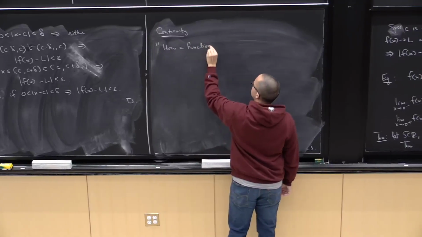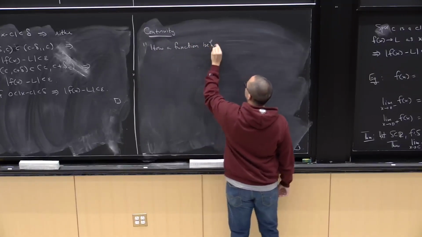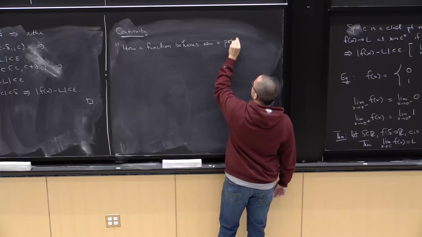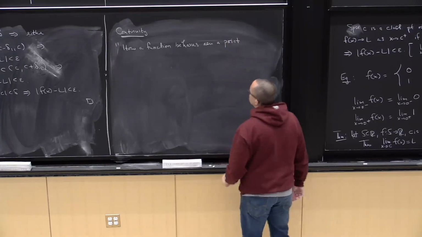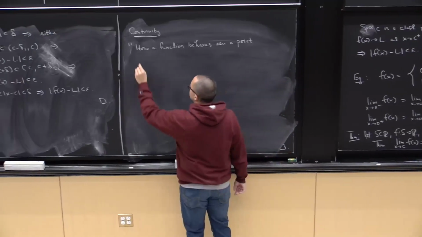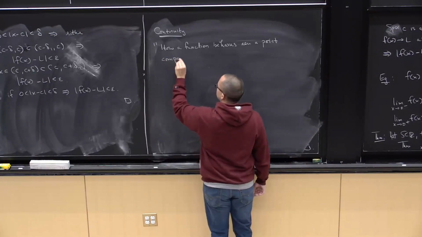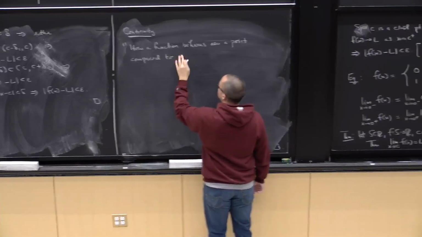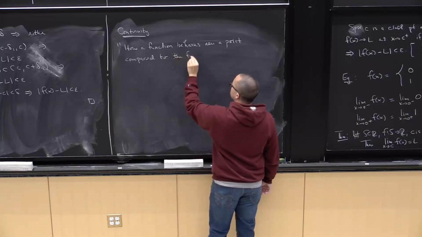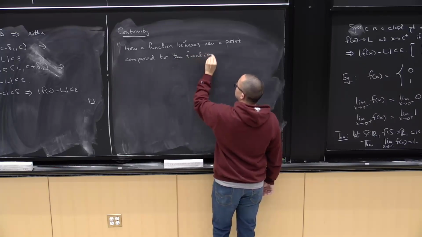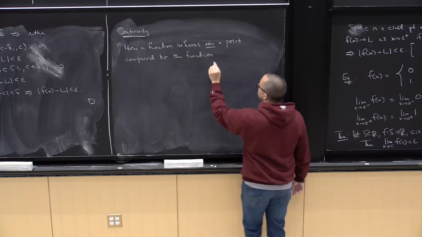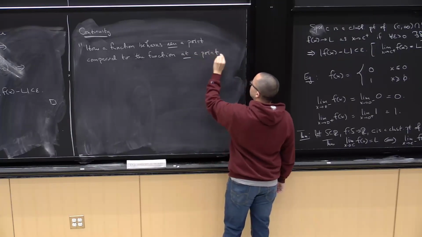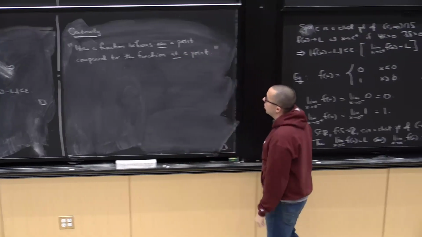You can even write this down: how a function behaves near a point compared to at the point.